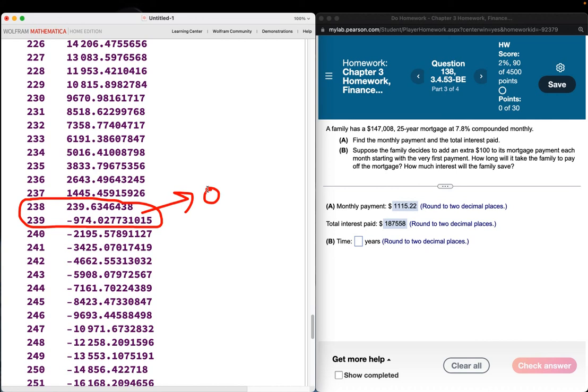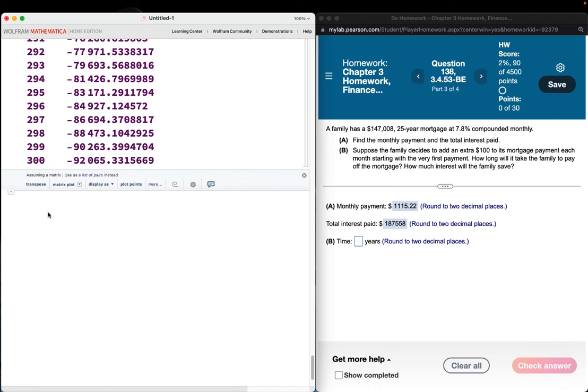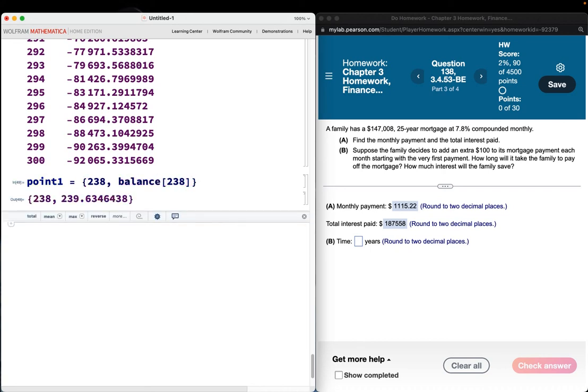Okay, so let's see, 238 and 239. So 0.1 is equal to 238, balance of 238. And then 0.2 is equal to 239 and balance of 239.